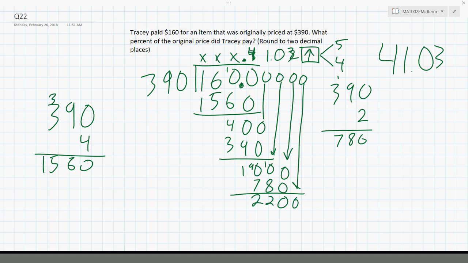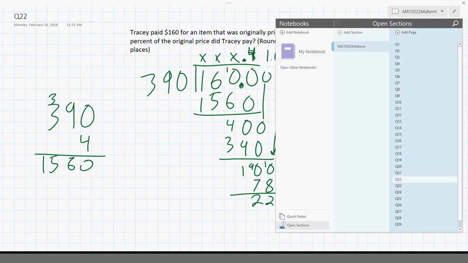Like, how is the greater number divided by, or the bigger one over the smaller one? Does anyone have a good answer for him? How about after the review session, we'll go over that more in depth as to why that works. But yes, I'll get on to the next question.